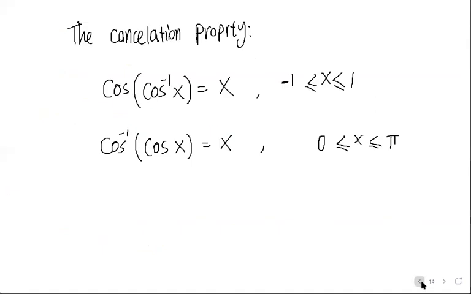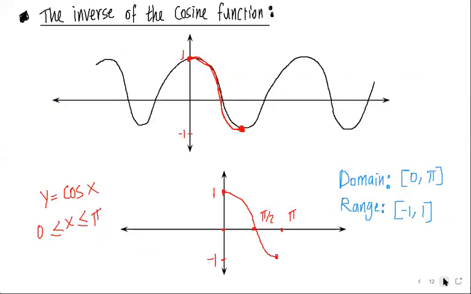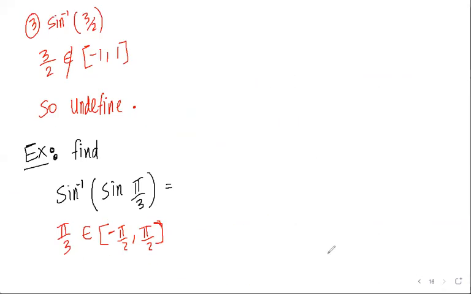By the cancellation property. For sine inverse of sine, we have to check whether x is between -π/2 and π/2, because sometimes it doesn't work.